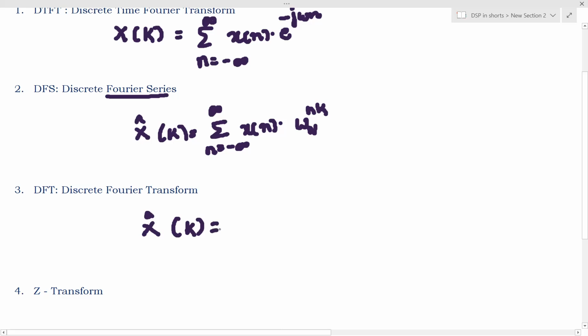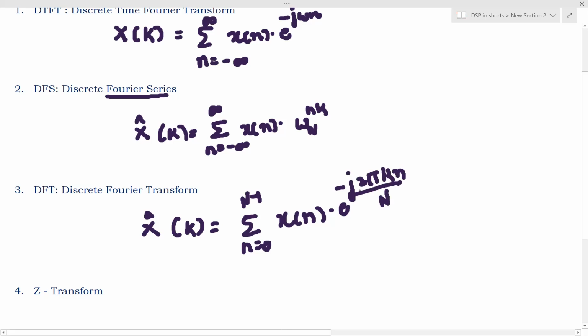X of k will be equal to summation n equal to 0 to N minus 1 x of n into e raised to minus j 2 pi k n by N. In this way, we will be writing the equation for the discrete Fourier transform.